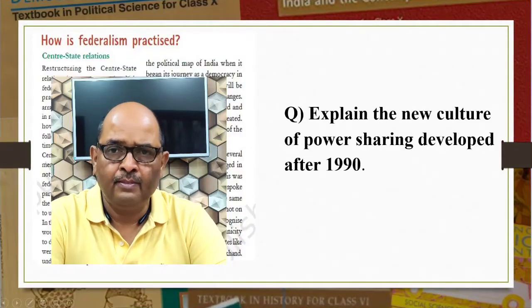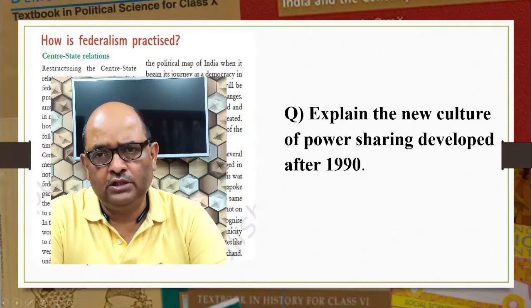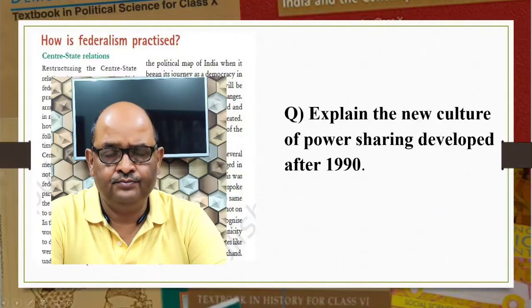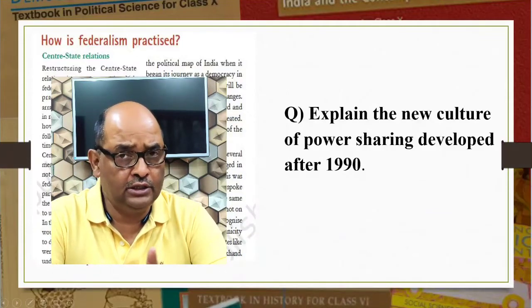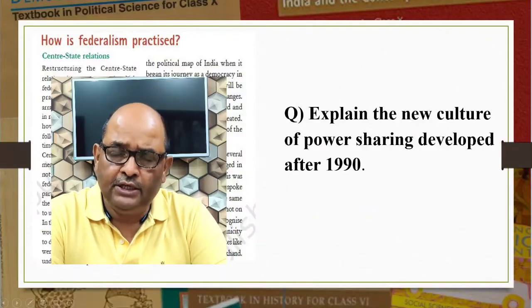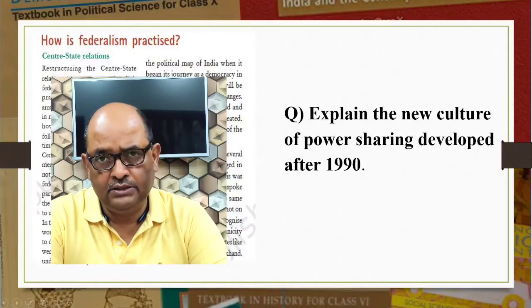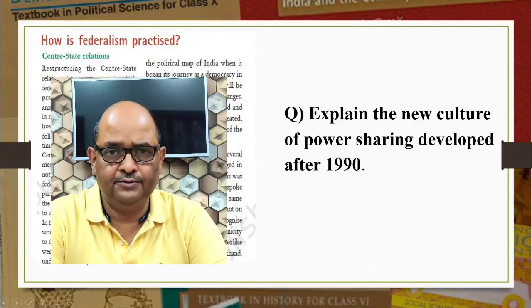Next question. Explain the new culture of power sharing developed after 1990. This question is in center-state relations. The period after 1990 saw the rise of regional parties in many states of the country.